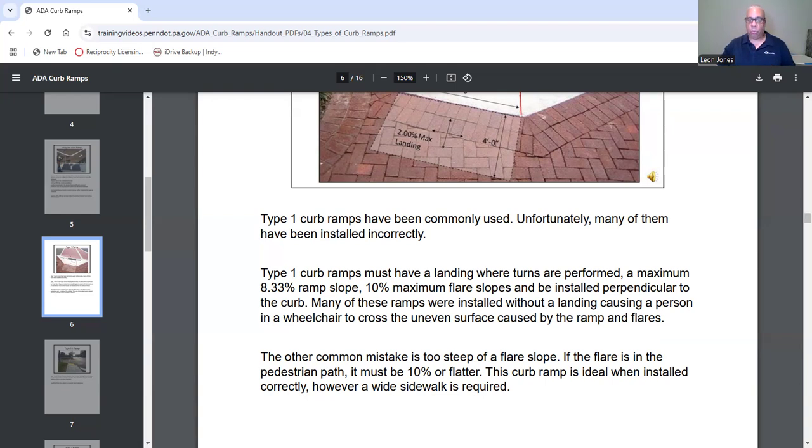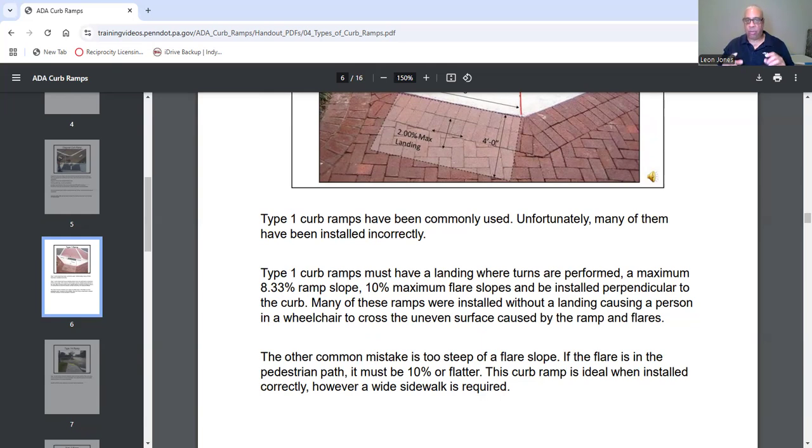Many of these ramps were installed without a landing, causing a person in a wheelchair, that's right, a person in a wheelchair has to utilize these ramps, or a blind person also has to utilize these ramps. But basically, with many of these ramps, they have been installed without a landing, and it has caused a person in a wheelchair to cross an uneven surface caused by the ramp and flares.